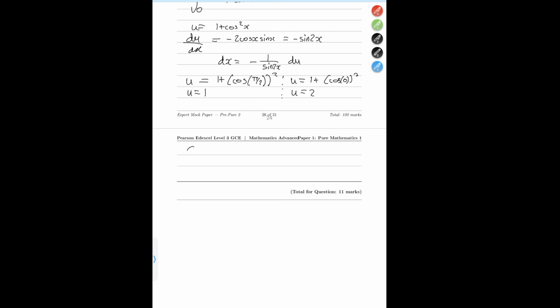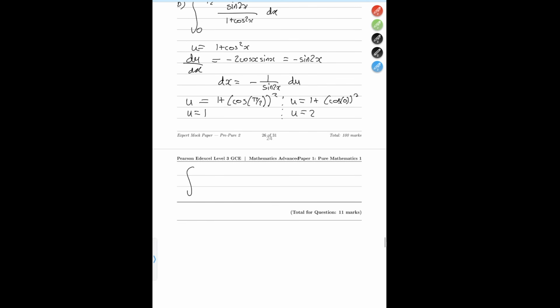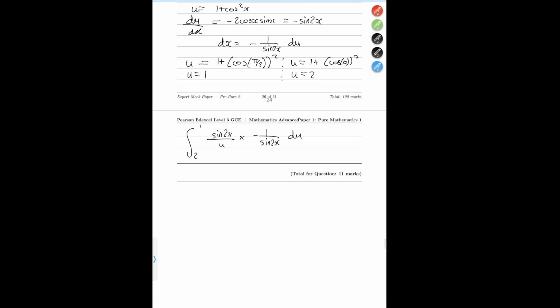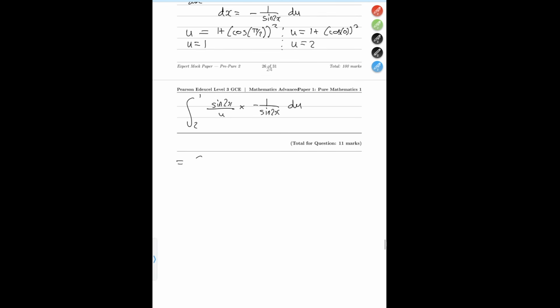So our integral is now going to be, our bottom one is going to be 2, our top one is going to be 1, sine of 2x over u times minus 1 over sine 2x du. So you can see here these perfectly cancel to give me the integral from 2 to 1 of minus 1 over u du.